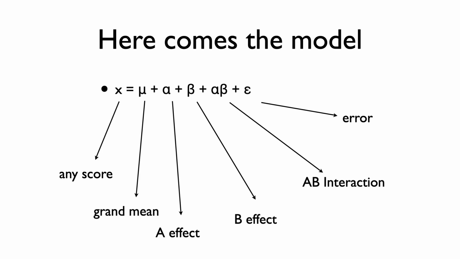And of course, we still have error. So the only way this has changed from what we've been doing so far is that we have an A-B interaction. What that means is the effect of A and B together over and above the effects they have on their own.